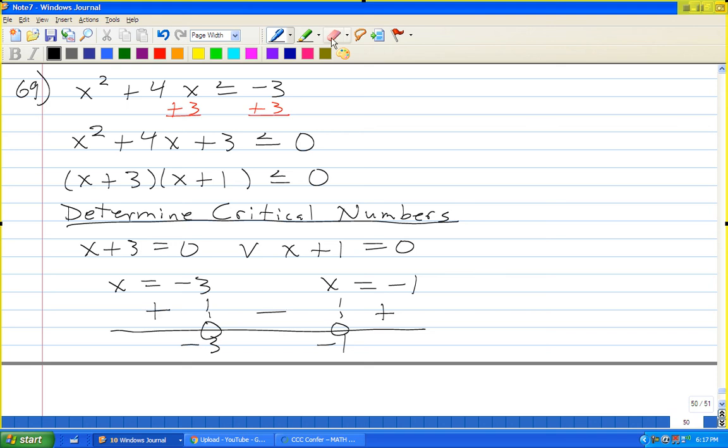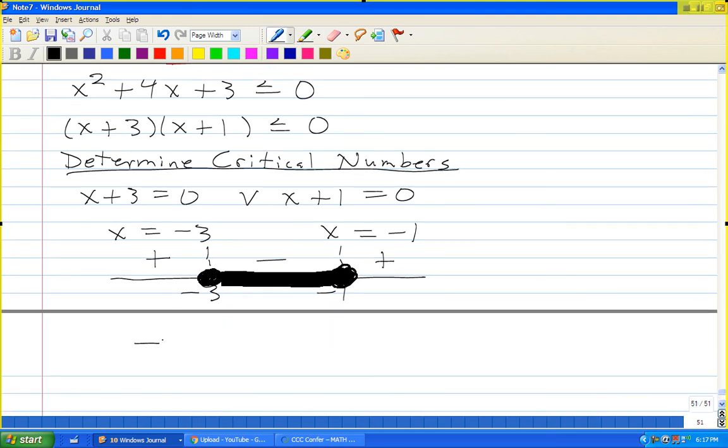We want this to be less than 0, so I fill in where it's negative. And I want this to be less than or equal to 0, so I fill in each of these critical numbers also. And so this is just the closed interval from negative 3 to negative 1. And that's your answer. Let me do 70.